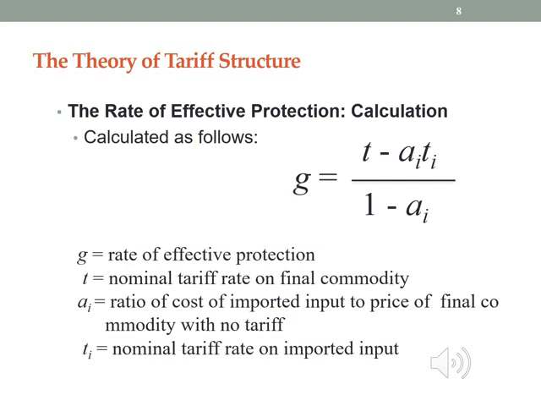AI is the ratio of the cost of the imported input, which was wool, to the price of the final commodity with no tariff, which is the international price. So this was the cost of wool, which was $80 in our previous example, and the international price with no tariff was $100. And finally, TI is the nominal tariff rate on the imported inputs if it exists. So it would be the nominal tariff rate on the imported wool if it exists. However, in our previous example, this was 0.